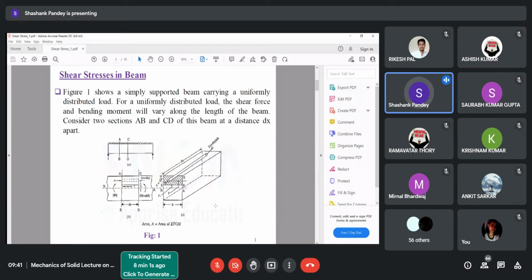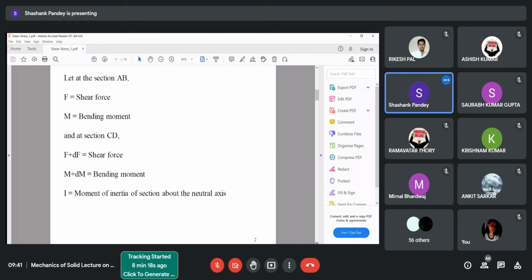Proceeding towards our next step is the area of EFGH. So we are going to derive the expression for shear stress in this cross section of the beam, which is rectangular in form. So let us proceed. F is the shear force, as I said.